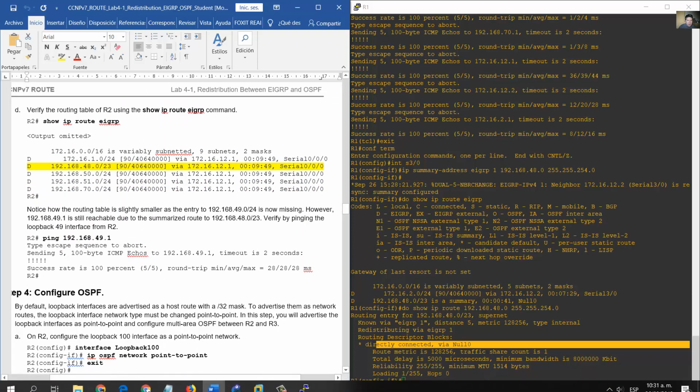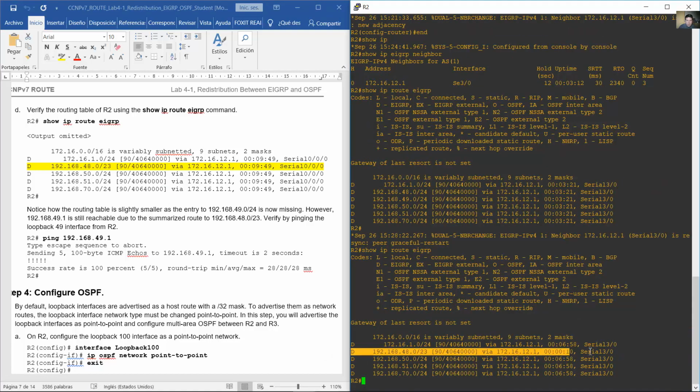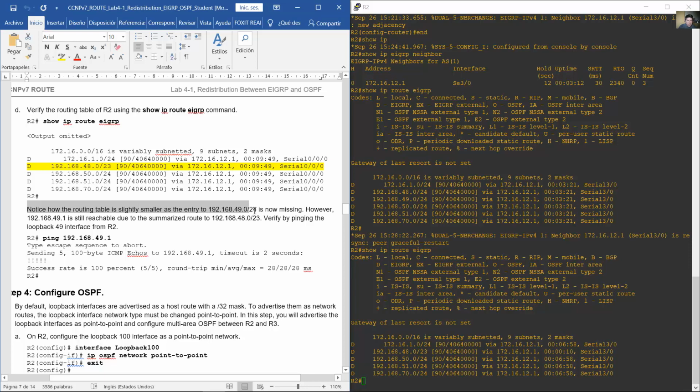Okay, remember on R2 you have only one entry for the networks. Notice how the routing table is slightly smaller as the entry to 192.168.49.0 is now missing.